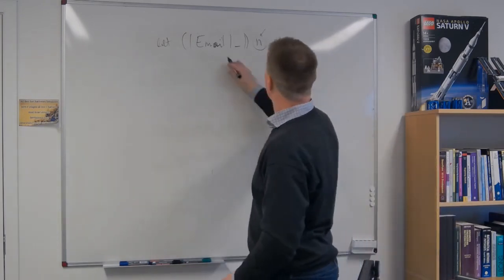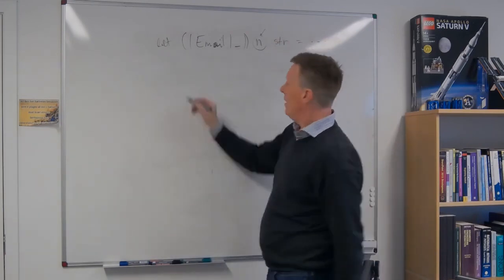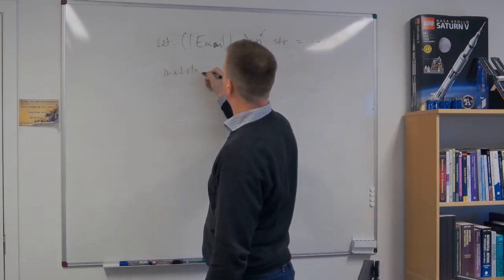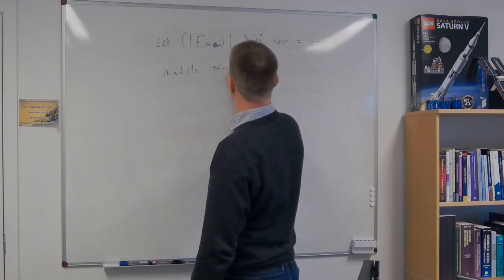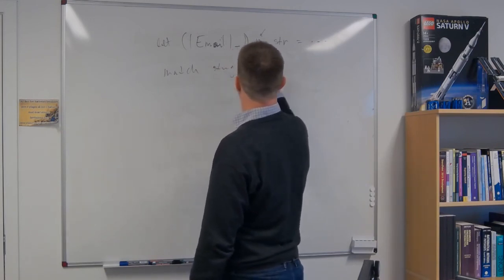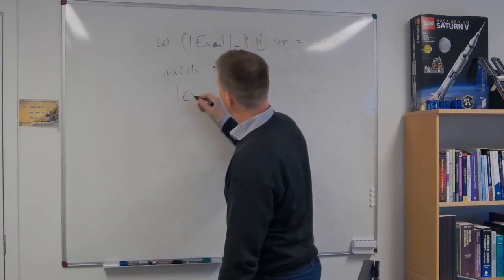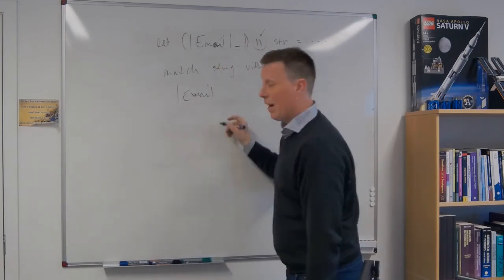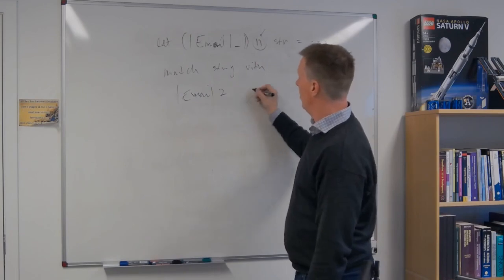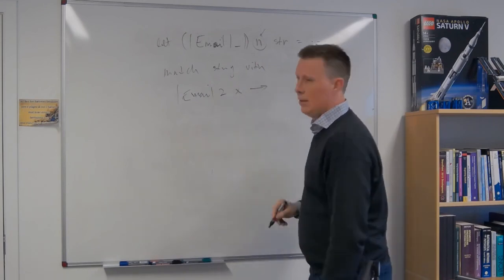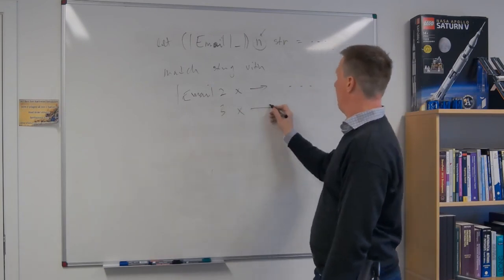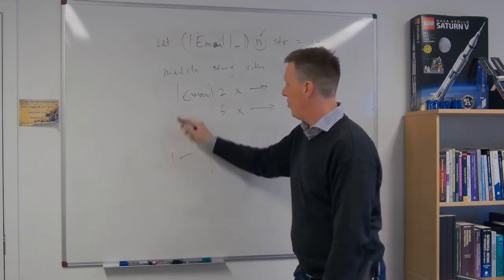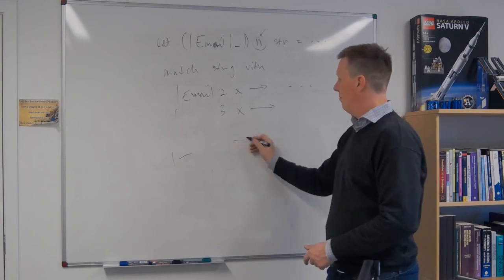So we have an implementation for that, and now I can say match string with email, and I can now give it, so say 2x, and I could do a 3x, and then of course the match whatever.